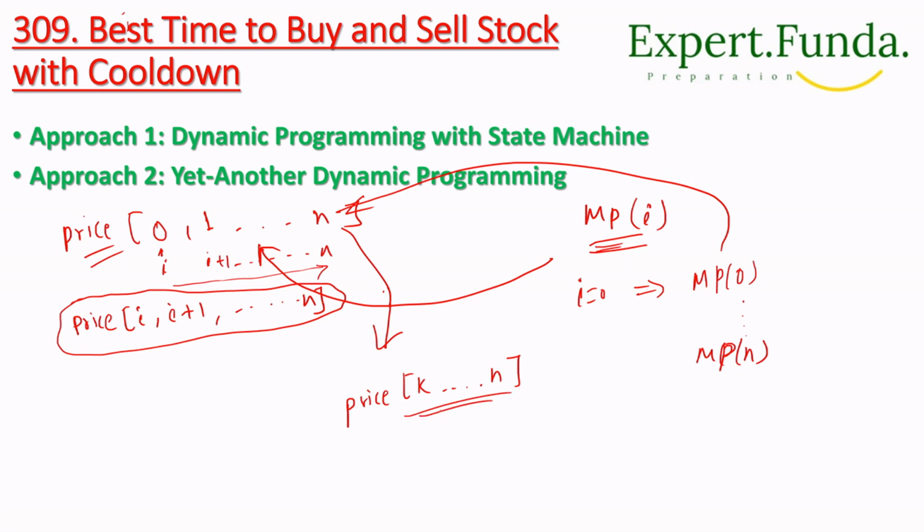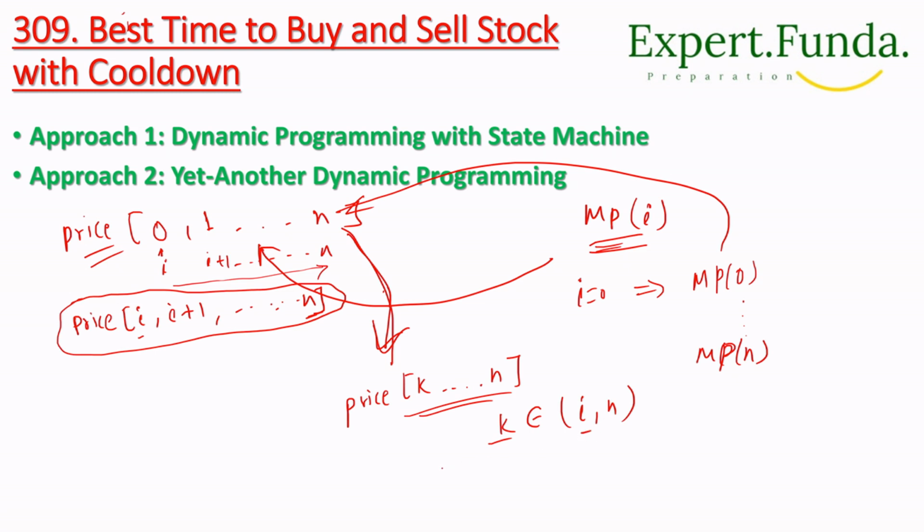So we know that the maximum profit that we can gain from any subsequence of the price k to n, where k belongs to I to n, means k represents I.